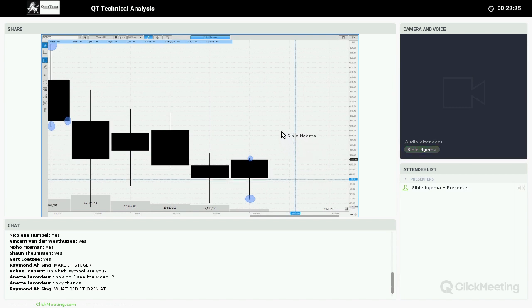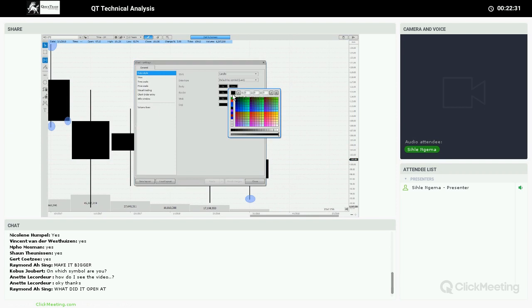Now, I am going to give my candlesticks color for now. I am going to assume color. I'm going to have my candlesticks showing the share price going up be green, and the candlesticks that show price coming down, I will give them the color red, right?